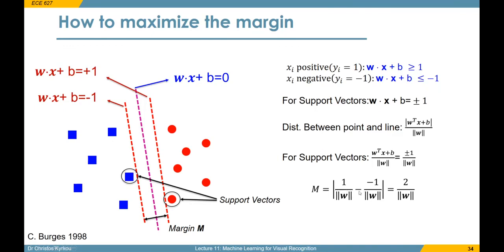Then if we find the difference between the distance of one point and the distance of the other point, it gives us exactly what the margin is, which is 2 divided by the norm of the vector W. So we say that basically we want to maximize the margin by finding a small value for W.